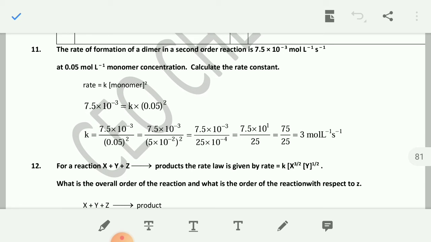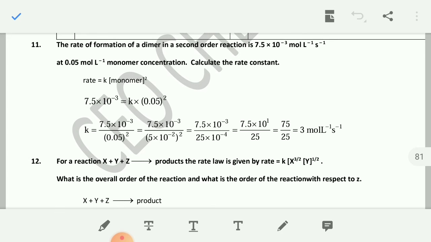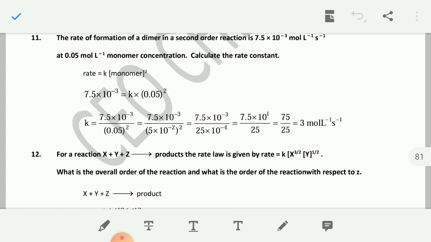0.05 becomes 5 into 10^-2, power 2, equal to 7.5 into 10^-3 divided by 25 into 10^-4.